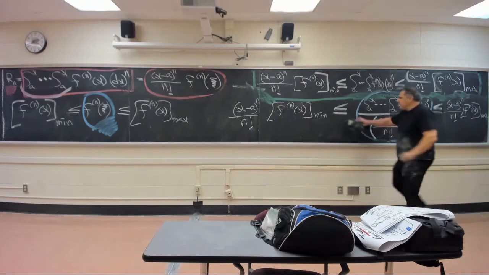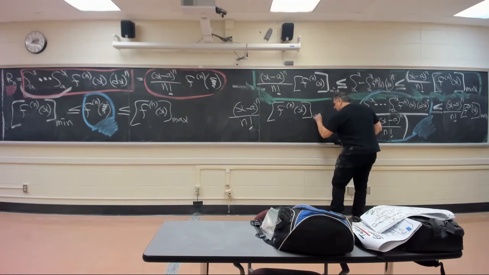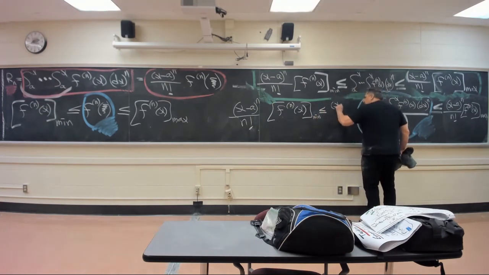And then we could do the same thing here, but let me not write the min here, try to buy some room here, guys. And this is x minus a.